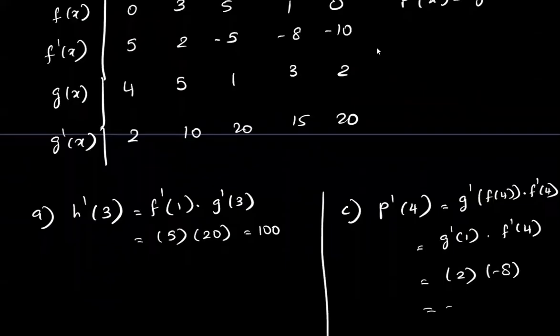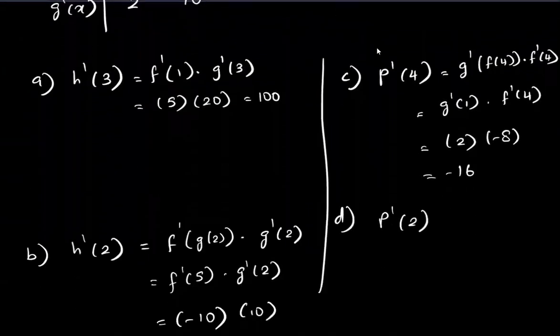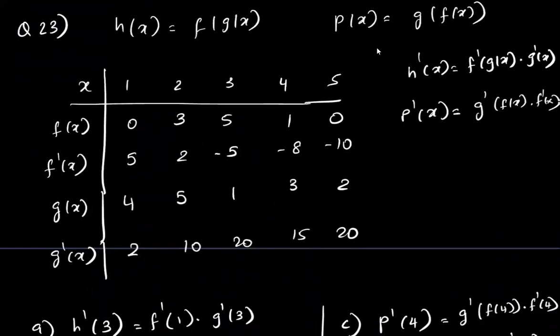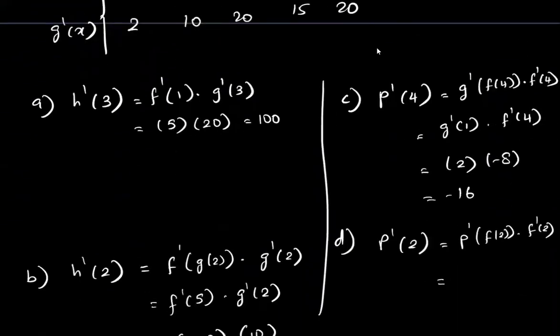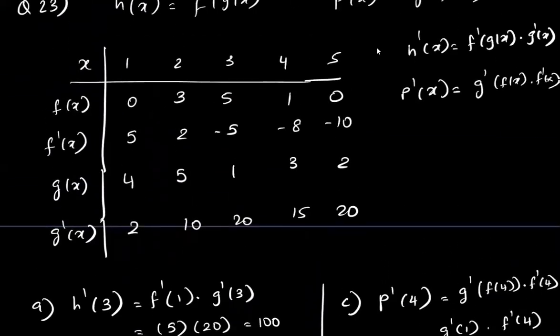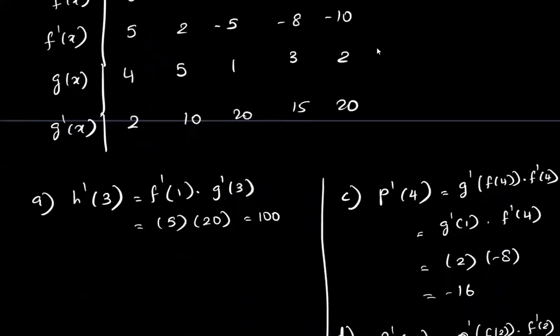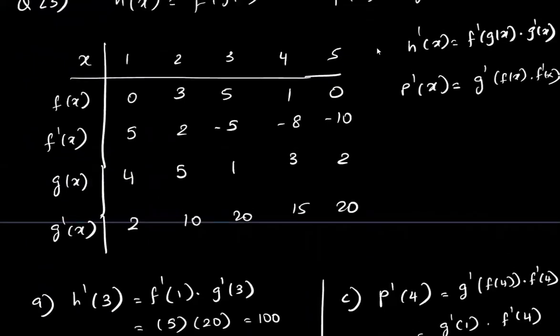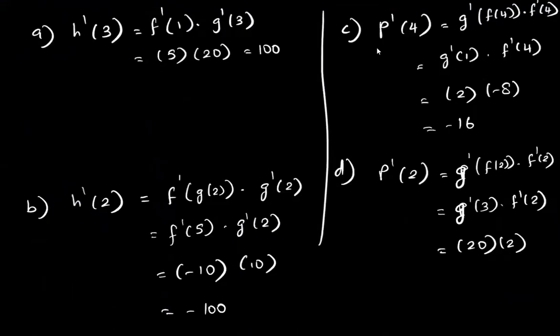So the answer is negative 16. Again, this will be P prime at 2, which is G prime at F of 2 times F prime at 2. What is F of 2? F of 2 is 3. So I have to do G prime at 3 and F prime at 2. What is G prime at 3? G prime at 3 is 20. F prime at 2 is 2. I multiply, I get 40.